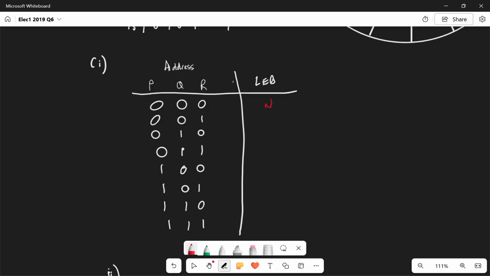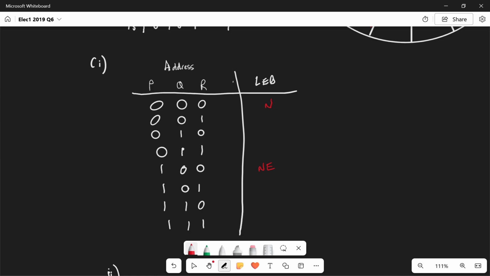So what's the next one? Well, for the next one, R is going to be 0, Q is going to be 0, and P is going to be 1. So we're looking for, in the table, a 1, a 0, and a 0 going from left to right. So down here is going to be northeast.